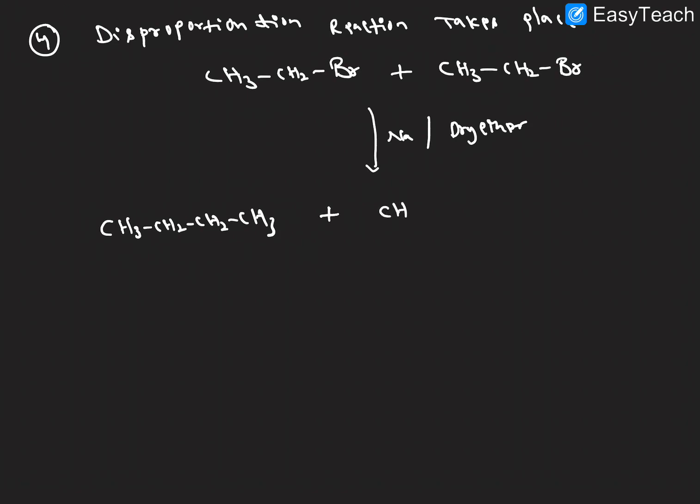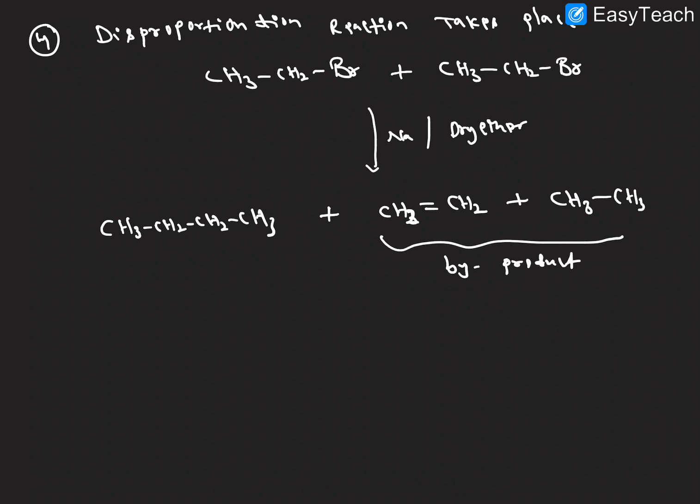Along with this, another possibility is CH2=CH2, ethene, and another is CH3CH3, ethane. These two are byproducts. Here the disproportionation reaction is taking place in these two products. Then next, now we will see the mechanism.